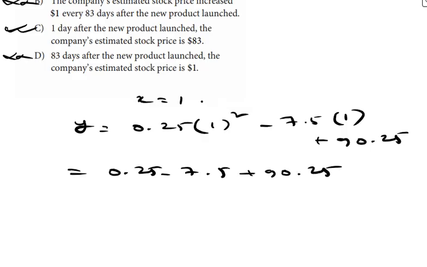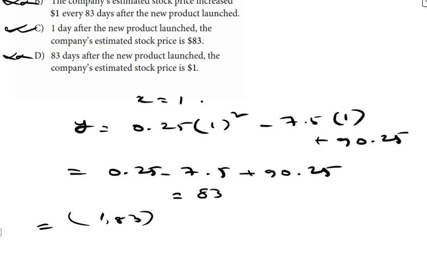First combine 0.25 and 90.25, so this equals 90.5. Now subtract 7.5: 90.5 minus 7.5 equals 83. Okay. So the ordered pair (1, 83) is correct and this confirms our interpretation.